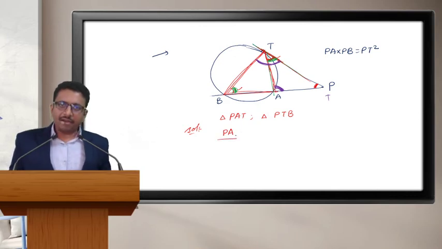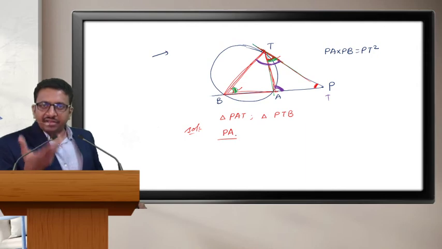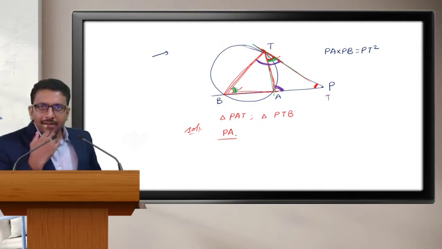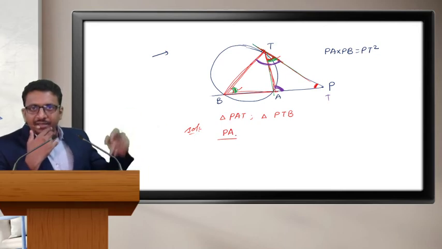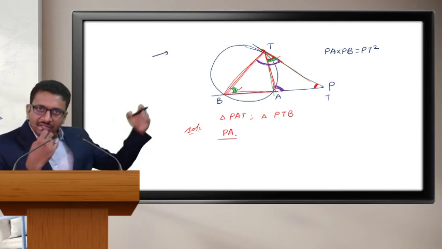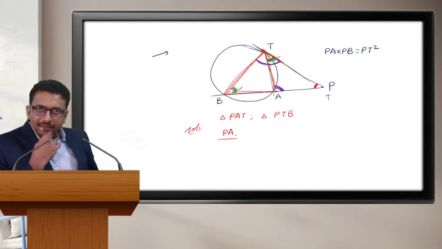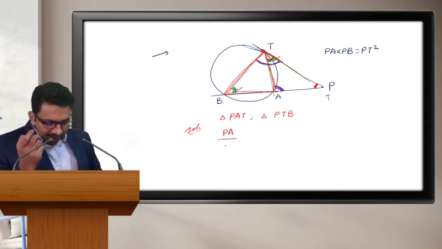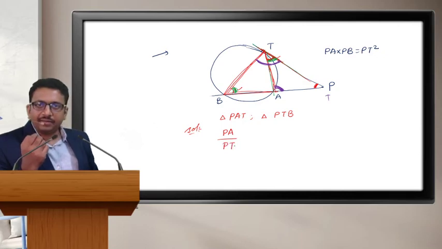What is the side opposite to the green angle in the bigger triangle PTB? PT.